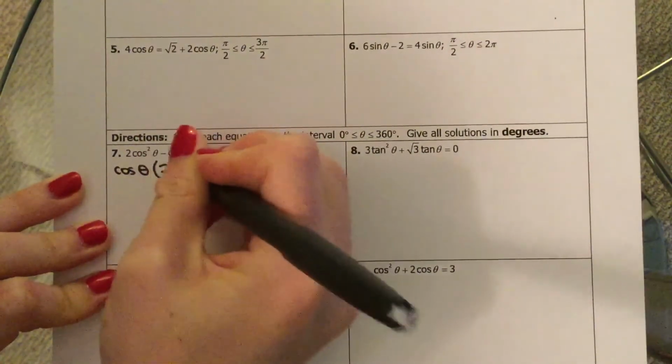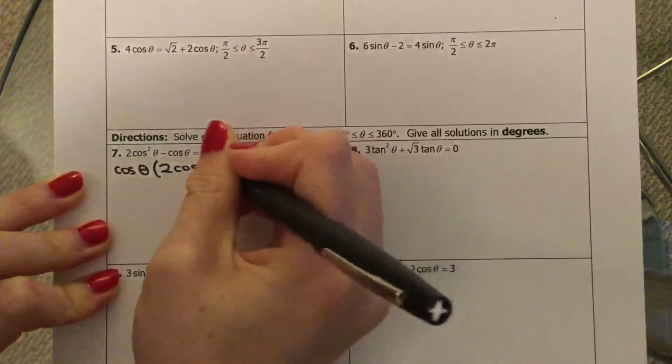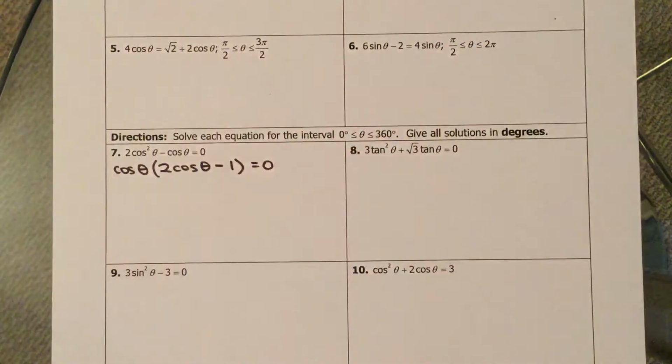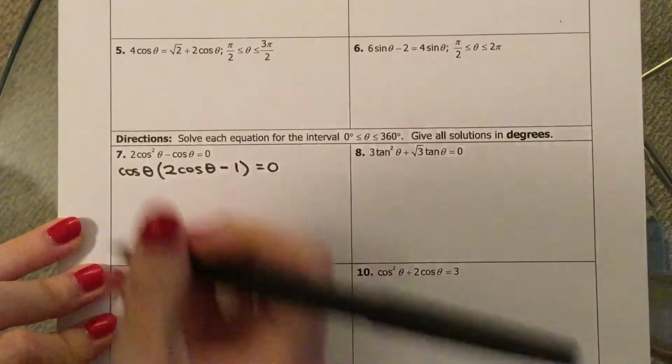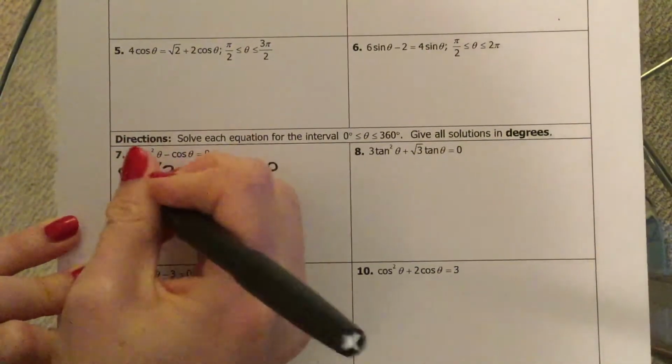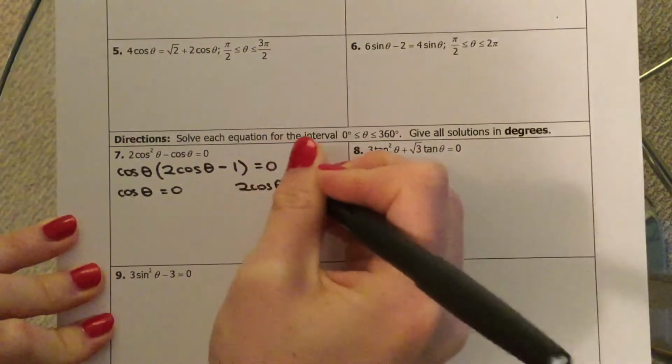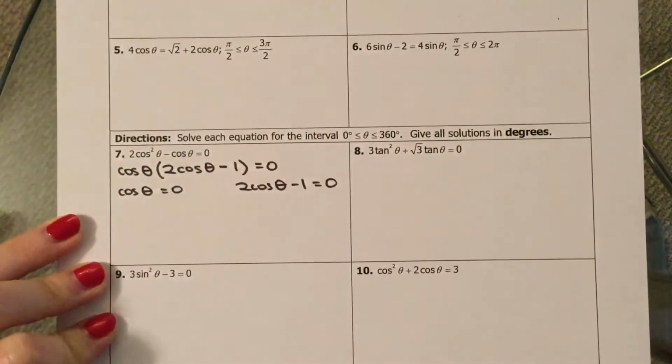This is 2, and then another factor minus, don't forget to leave a 1 behind. If it seems like something completely divides out, do make sure that you're leaving a 1 behind. So we have 2 different factors here. We want to take each one of those factors and set them equal to 0. And we'll get 2 different sets of angles.